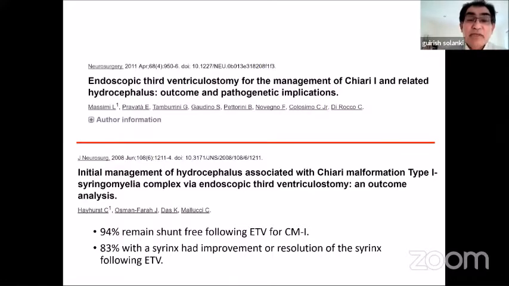So endoscopic third ventriculostomy is a well-accepted treatment now for children who have a Chiari malformation and ventriculomegaly, and there is a consensus that we should treat the ventriculomegaly before treating the Chiari malformation.